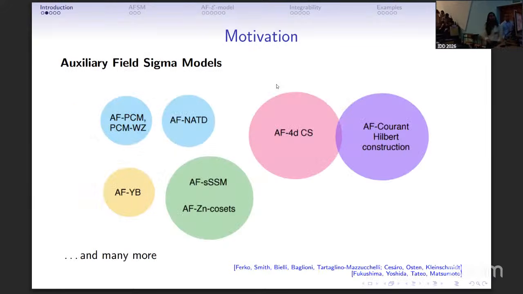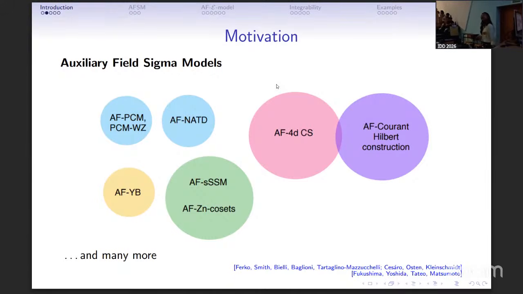So in these 2 years, you can see a bunch of examples have come into existence where auxiliary field deformations have been studied from the point of view of PCM with Wess-Zumino term, non-abelian T-dual, abelian T-dual, Yang-Baxter deformations, some conceptual pictures as well.